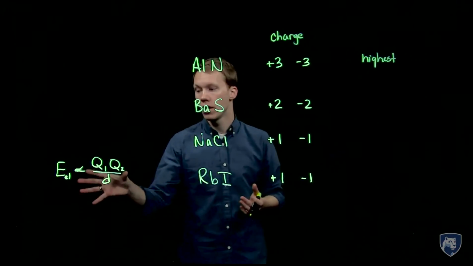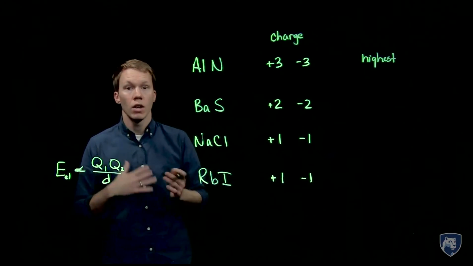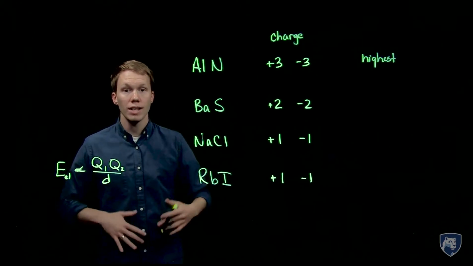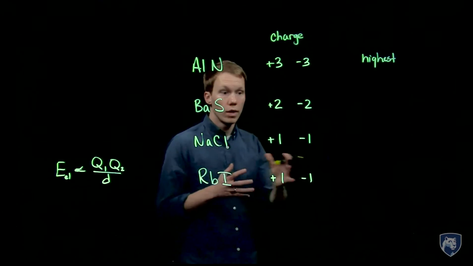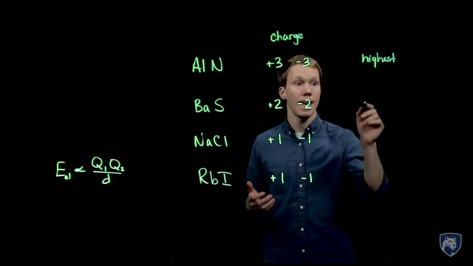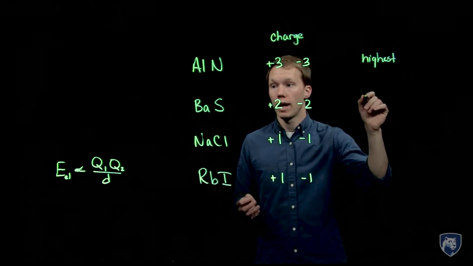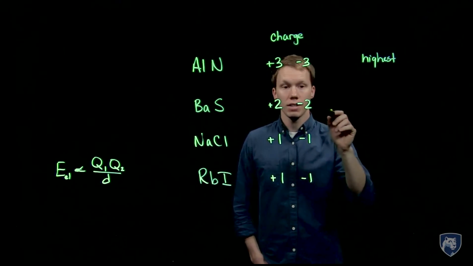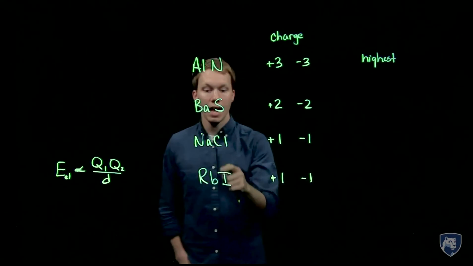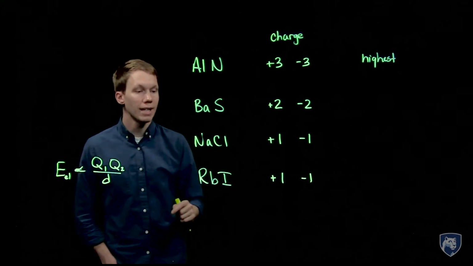So according to Coulomb's law, we would have the most negative electrostatic potential energy that would cost the most energy to separate those ions. Then we would go to barium sulfide. This would be next. And then we have a tie between NaCl and rubidium iodide.